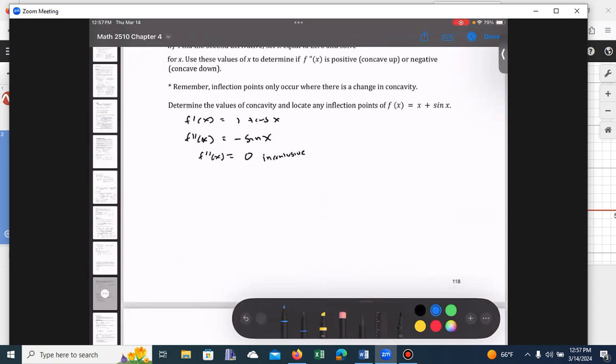If we look at the second derivative and look at where that would be set equal to 0, that's going to be when sine is equal to 0. That happens at 0 and at pi and 2 pi. Just look in that region for now.